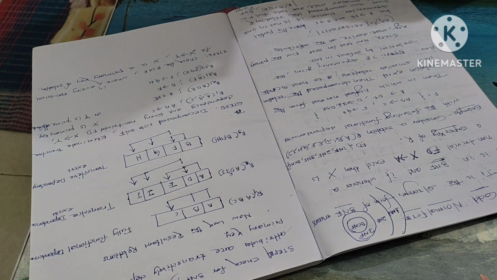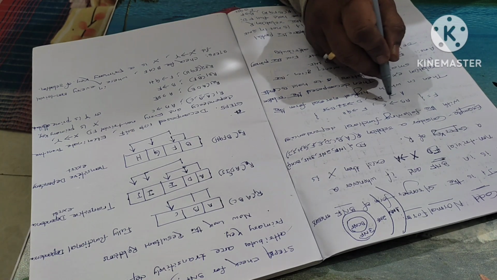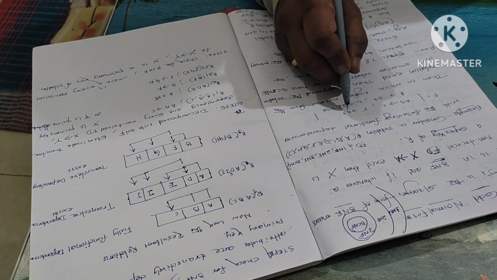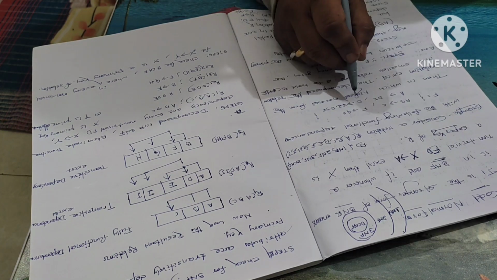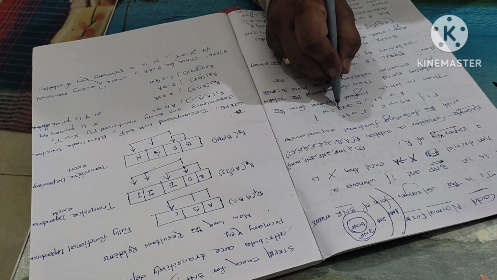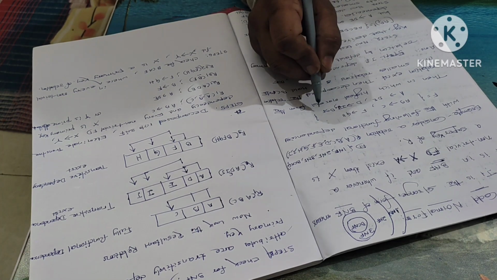What are the functional dependencies given here? AB determines C, F determines GH, A determines DE, D determines IJ, and B determines F.